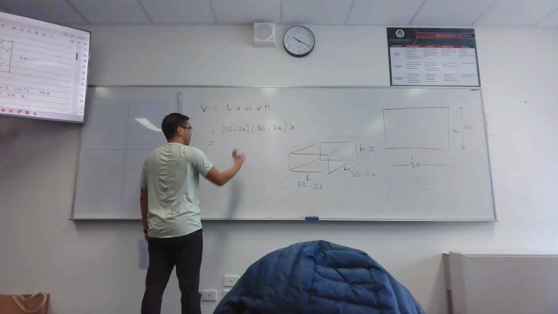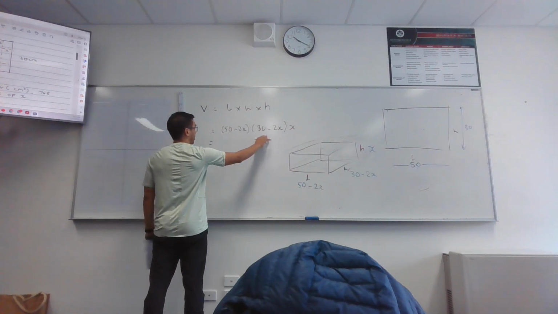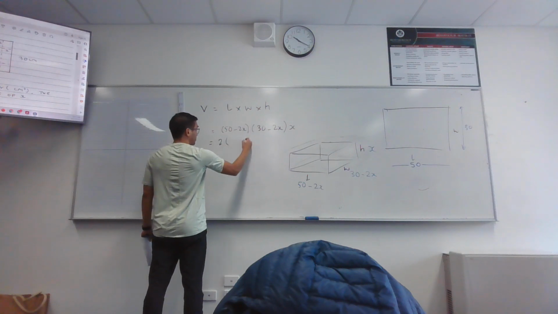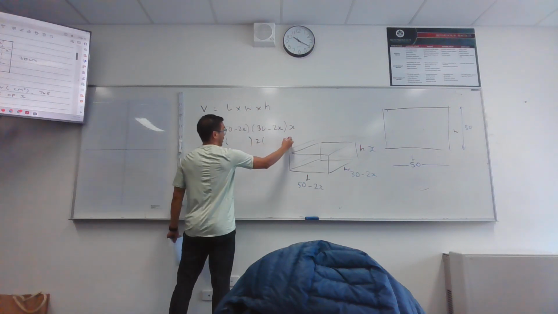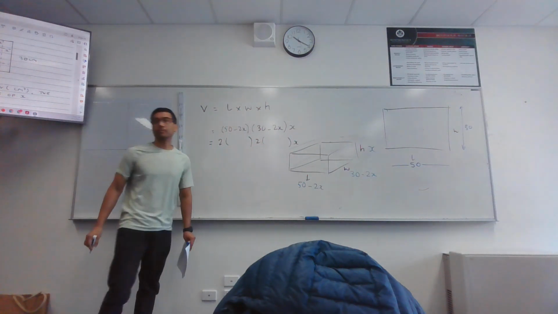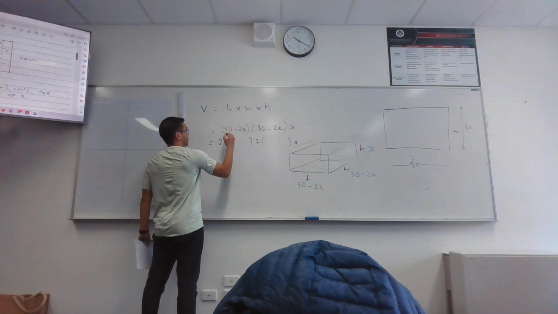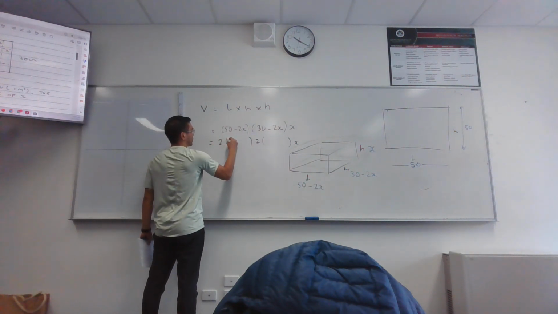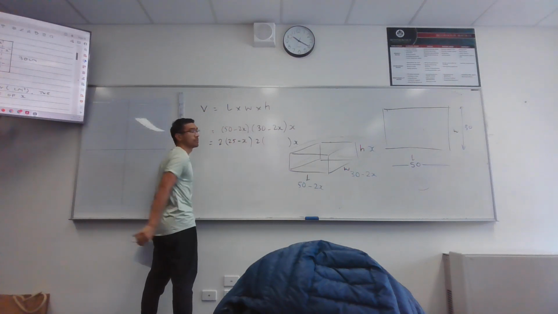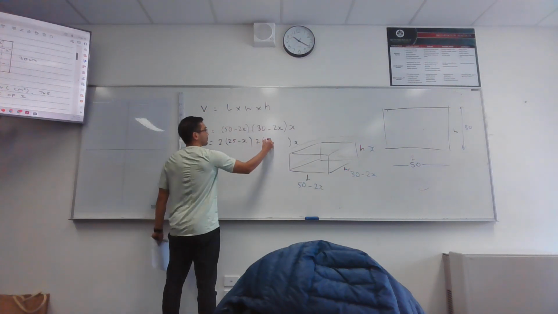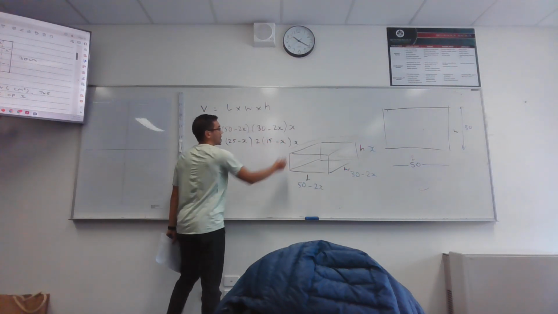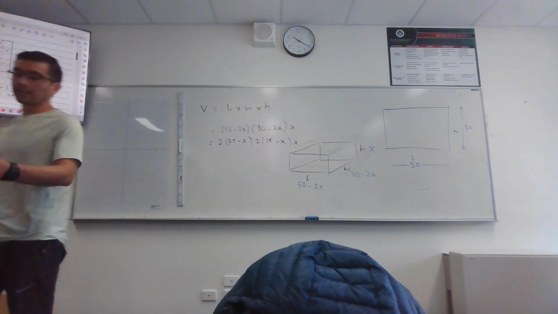For example, you can factorize. I can see that I can bring out 2 out of each bracket. 2 times something is 50, that's 25, take away x. Over here, it's a 15 minus x.